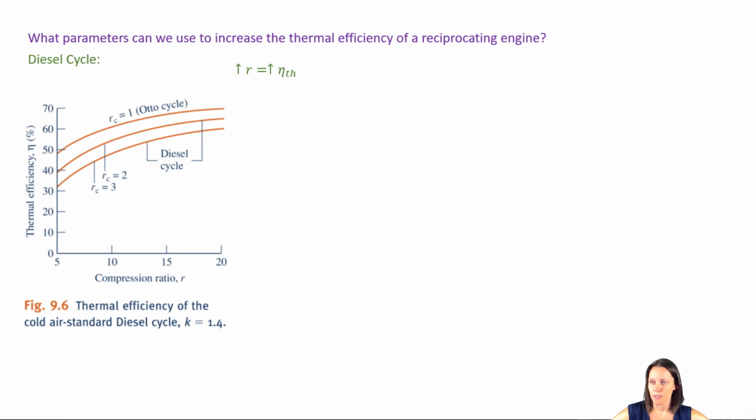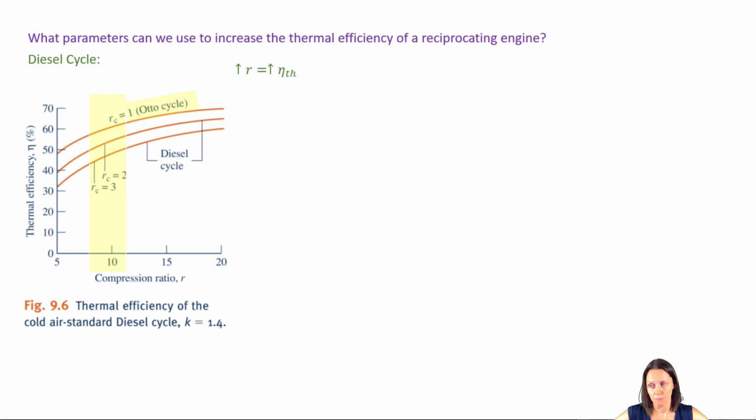All right, so let's see. A diesel cycle follows the same rationale: the higher the compression ratio, the higher the thermal efficiency. And this figure 9.5 also overlays the trends for an Otto cycle as well. Remember, you're limited to that 9.5 to 11.5 range for the compression ratio, depending on the octane rating of the fuel that you use.